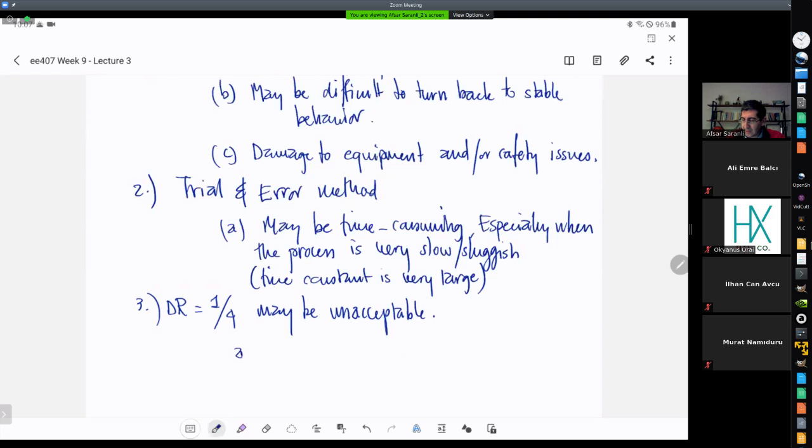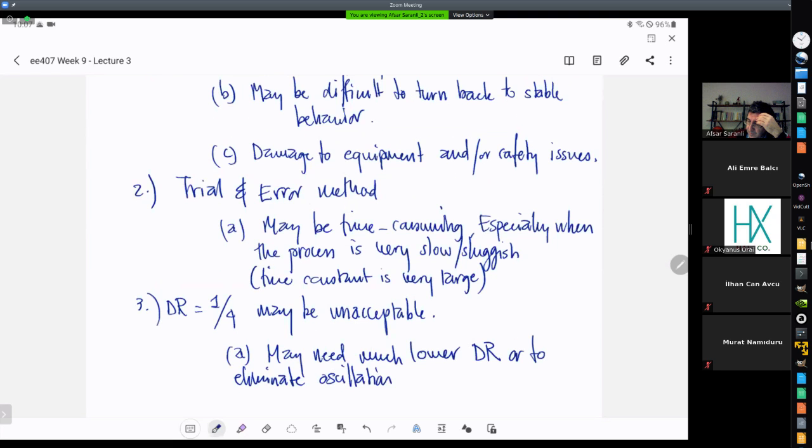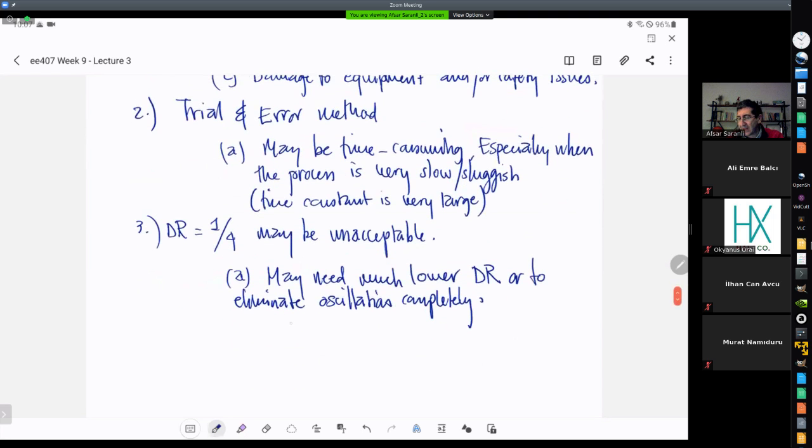For example, you may need much lower values, a much lower decay ratio, or to eliminate oscillations completely. That is why I said there are many variants, right? There are such variants. Okay?